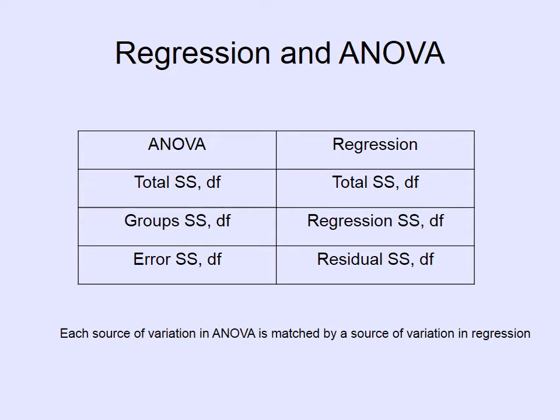The group sum of squares was our explained variation by how we grouped our data. That's going to be seen in our regression sum of squares, telling us about how well our model fits. And they're additive, where the total sum of squares is equal to the regression sum of squares plus the residual sum of squares, similar to ANOVA.